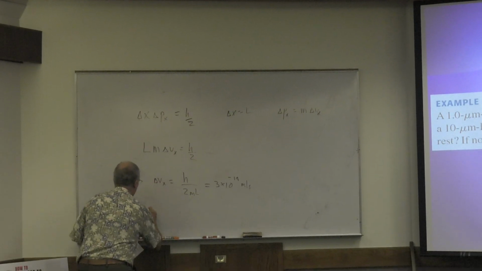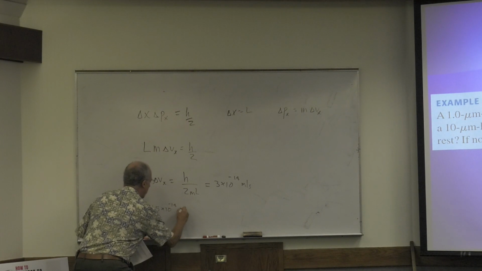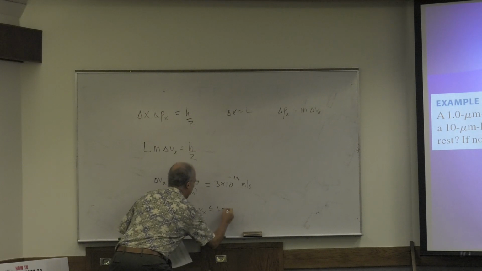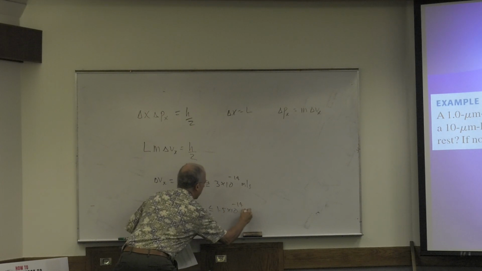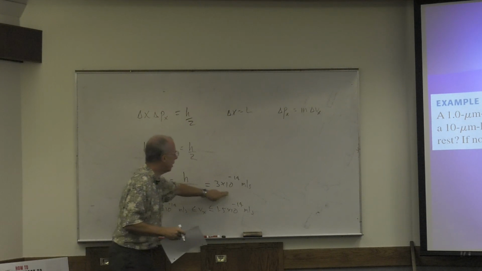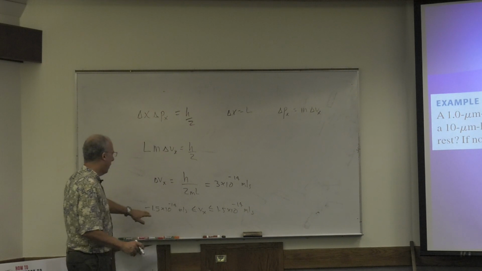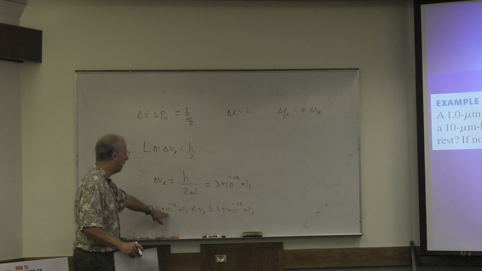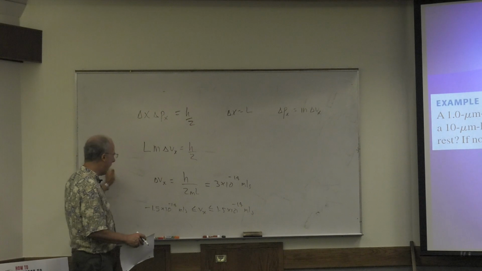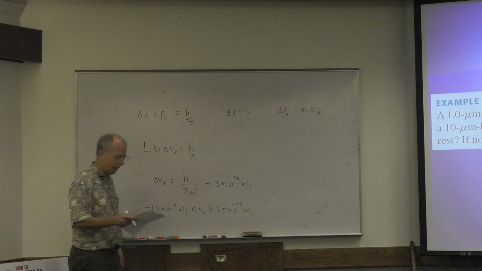Let me just write it. All we can look at is the uncertainty, 3 times 10 to the minus 14. So all we know is it's somewhere between minus 1.5 times 10 to the minus 14 and positive 1.5 times 10 to the minus 14. If you go from minus 1.5 to positive 1.5, that's 3. So there you go.